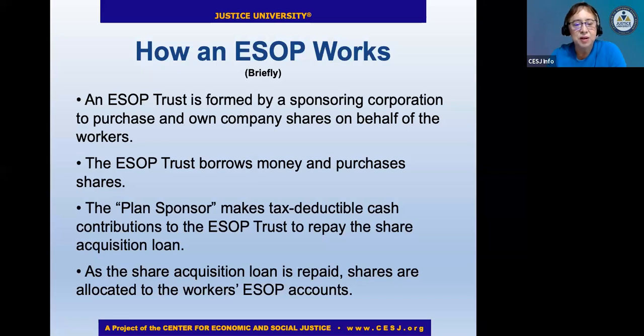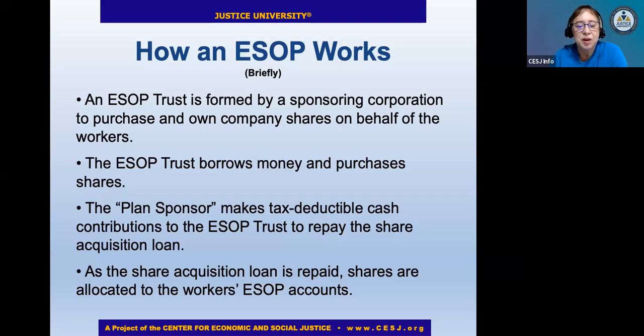So the ESOP trust borrows on behalf of all the workers, gets a loan, and it purchases shares, generally from the existing owner. If they're newly issued shares, it would purchase those. So then the plan sponsor, which is generally the corporation, will make tax deductible cash contributions to the trust, which then flows that repayment back to the lender to repay the share acquisition loan.